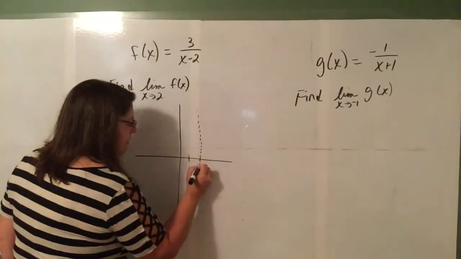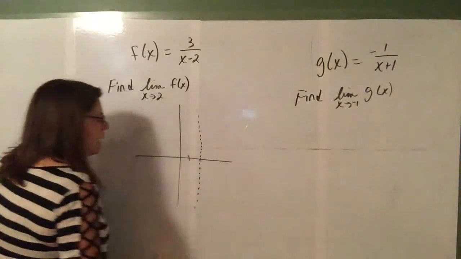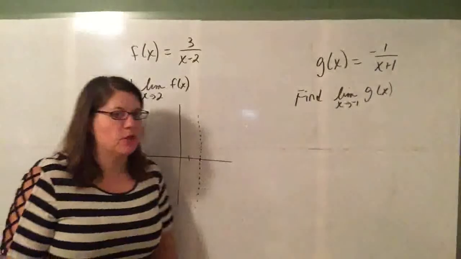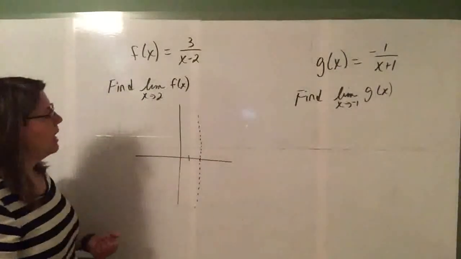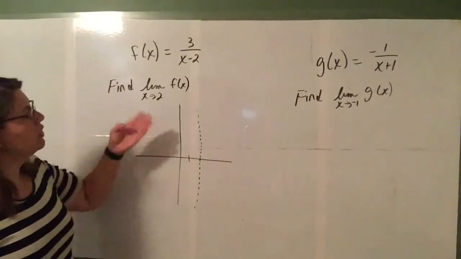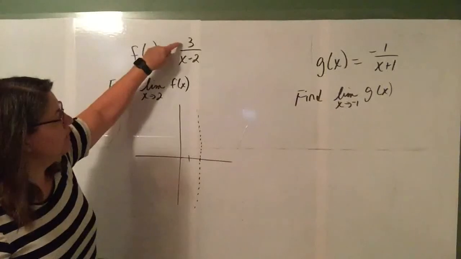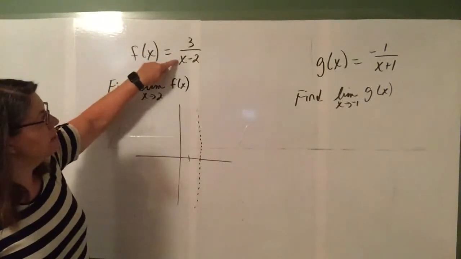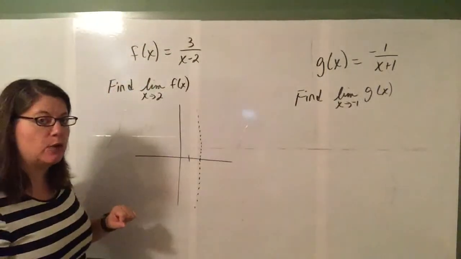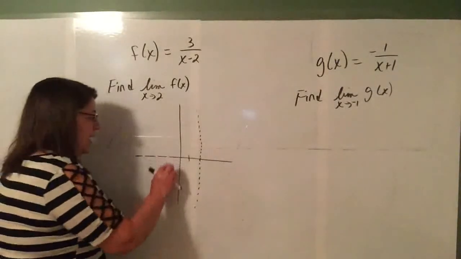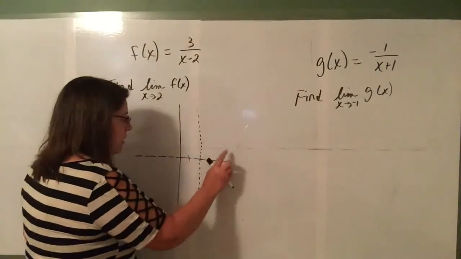So here's my vertical asymptote. Now, we will review horizontal asymptotes again later in the chapter, but with your knowledge from Algebra 2, if the degree of the top is less than the degree of the bottom, then you have a horizontal asymptote at y equals 0. So that means my x-axis is also an asymptote.